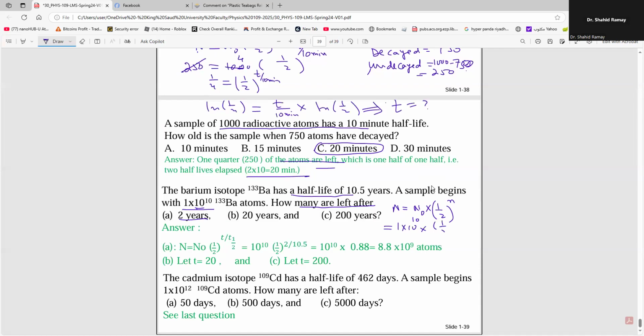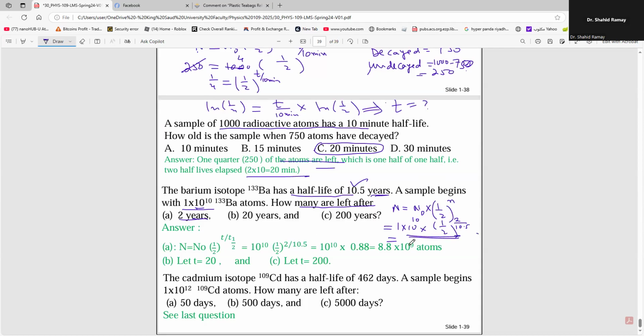So you can apply the formula. n value is what? t over t half. So t over t half means the time is 2 and t half value is 10.5. So remember the units here and here are the same. That's why I'm using the same units and I have no problem. Now you can solve this one. You can solve it in the calculator very easily.